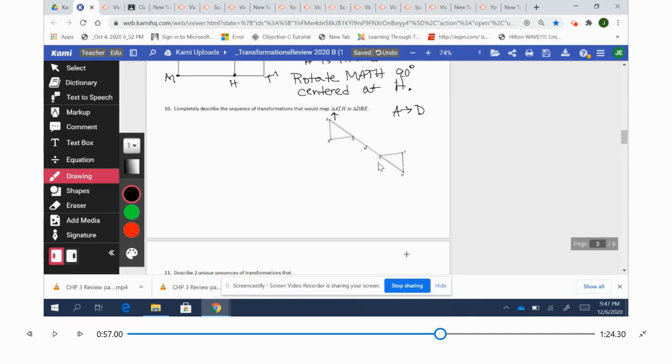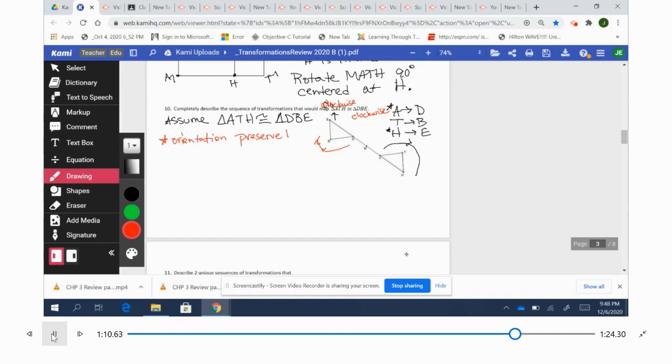So there's orientation and 2 points. I don't need anything else. It's not obvious that T is going to go to B. I think I'm stuck there for a second. Oh, I've got to play. Sorry. And then H is going to E. That does work.